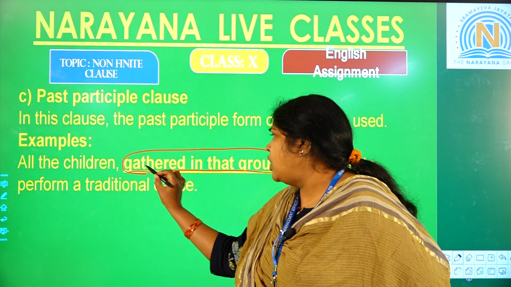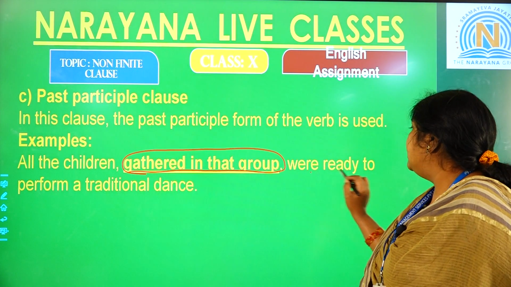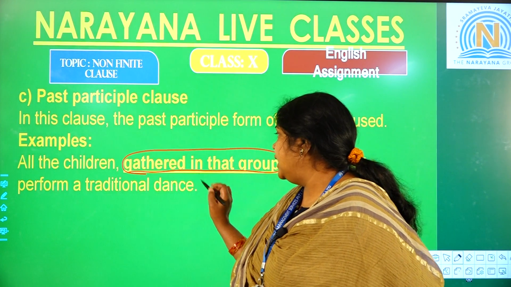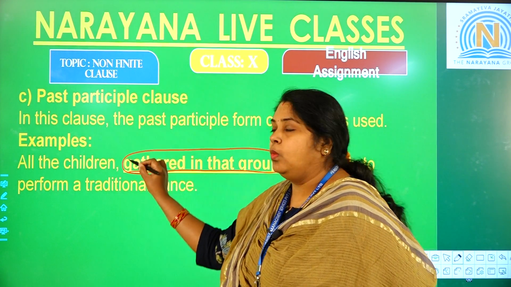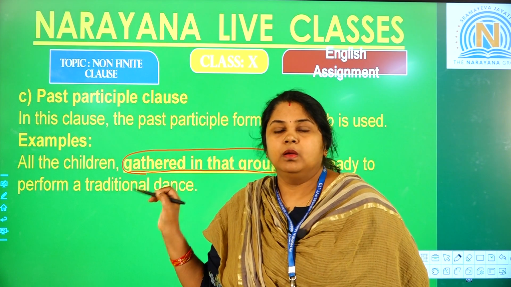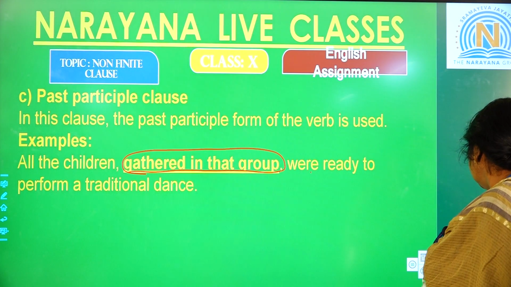Gathered in that group is a clause. See, if you read without this also, the sentence is complete: All the children were ready to perform a traditional dance. Gathered in that group is extra information, so this is a non-finite clause. Right students? Now you understand what a non-finite clause is?